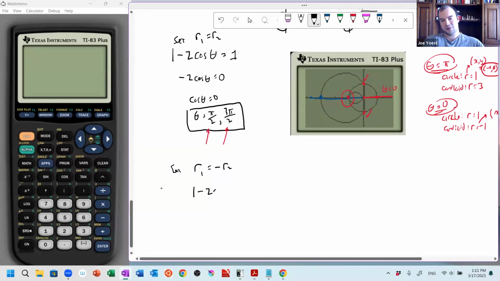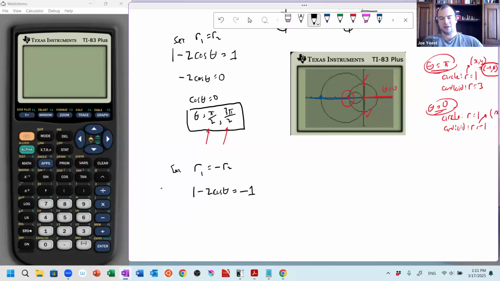So when is 1 minus 2 cos theta equals -1, when r1 equals negative r2? I subtract 1 over, multiply by -1, 2 cos theta equals 2, or cos theta equals 1.